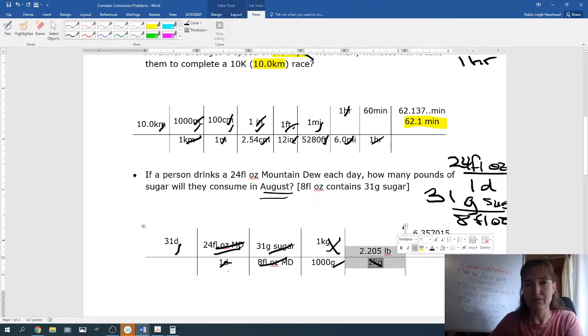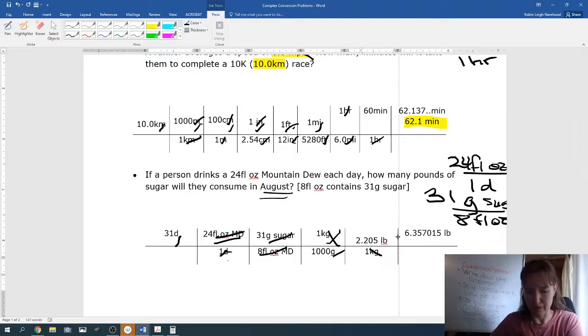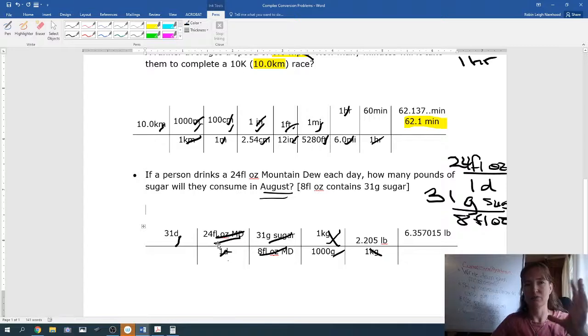Now this one's a little bit different because the beginning amount is a number of days. It's not really a measurement. And so we have to kind of look at the numbers that we're using in between. And so I'm just going to say 2 significant figures because of the container of Mountain Dew and then the 31 grams. Both of those are not real precise, so those are 2 significant figures.